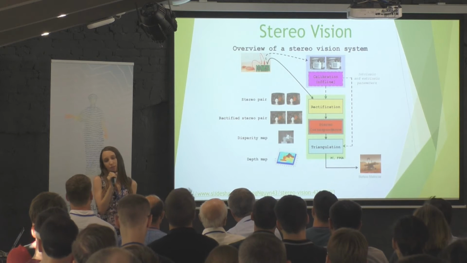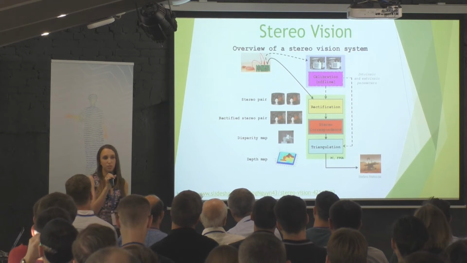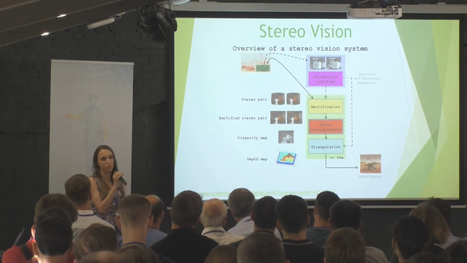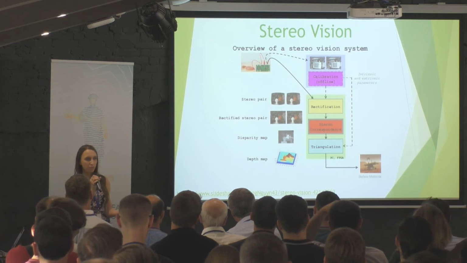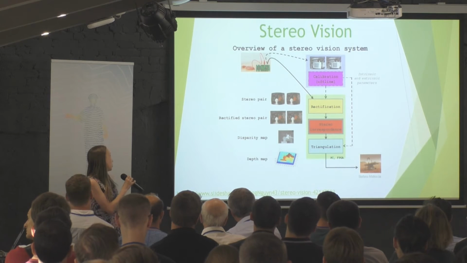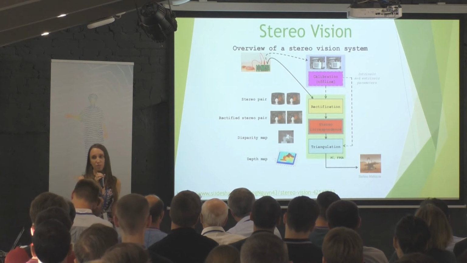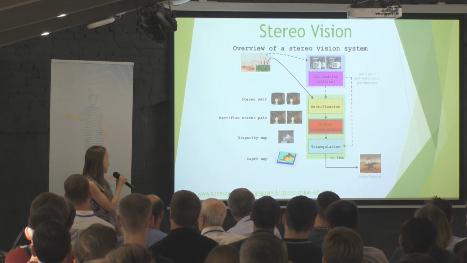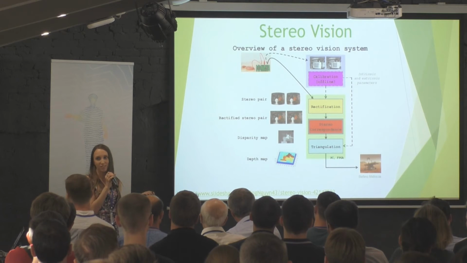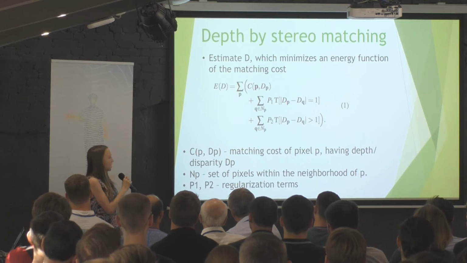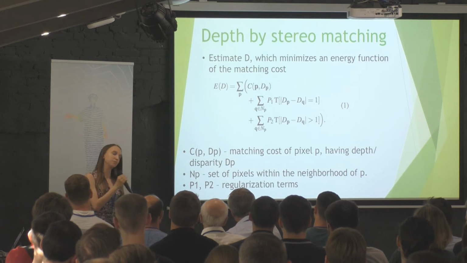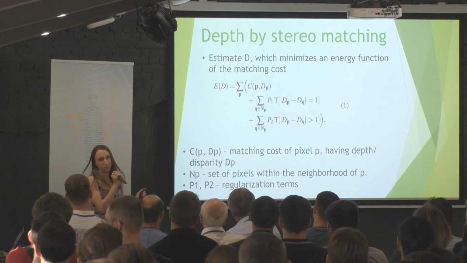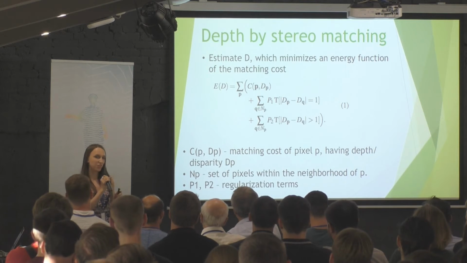In general, a stereo vision system looks like this. You obtain two images and do the image rectification. We assume that you know the camera parameters and camera poses. You do the rectification, you obtain the disparity map, and then you do triangulation and create a 3D reconstruction. In terms of formulas, here is one really important, very general one.